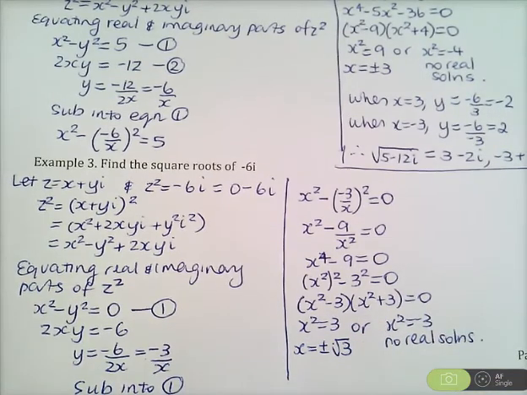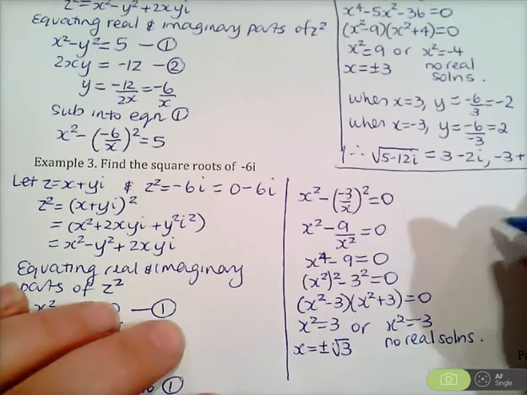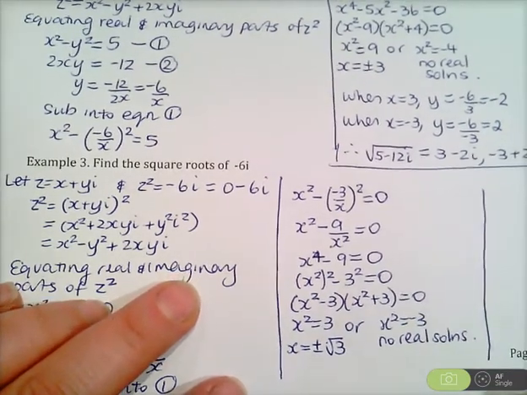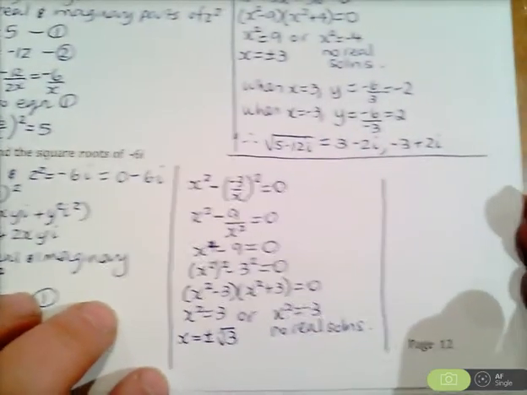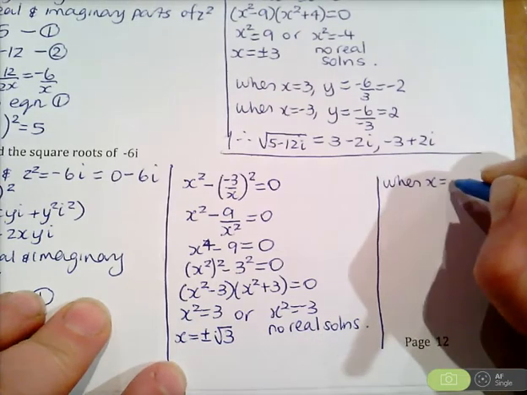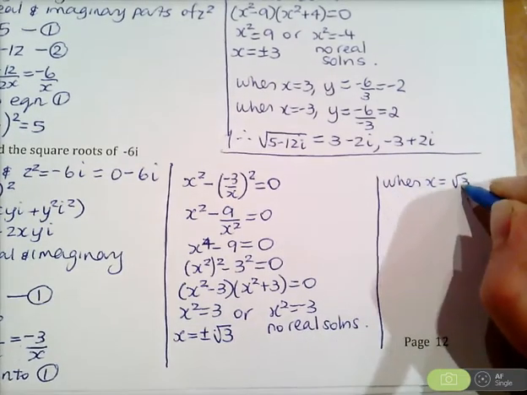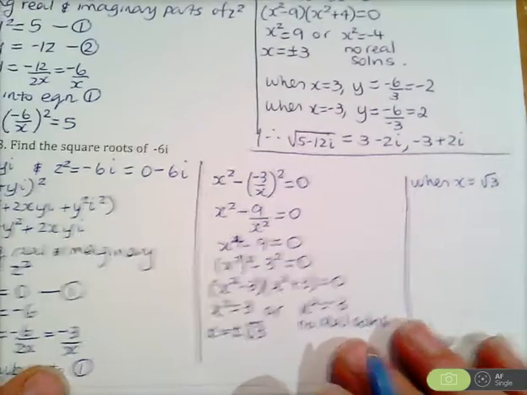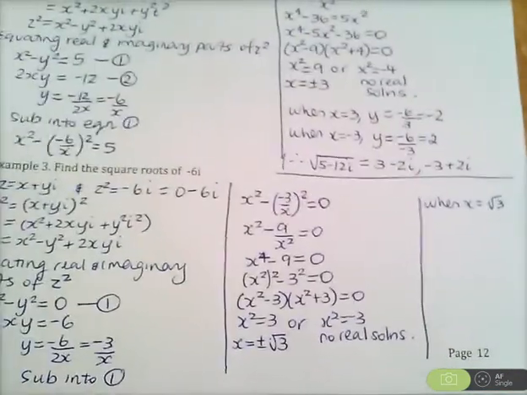Now we need to work out our y values. Okay, so when x equals positive root 3, just substituting over here. Sorry, now we can't see it. I'll just make it a little bit wider.